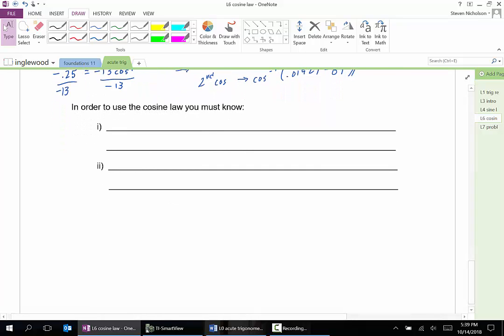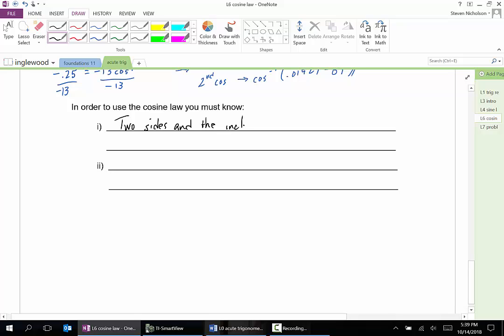So again, I guess the big question here is, how do I know when to use the cosine law? Well, I could say to you when you don't have a pair of matching sides, but that would be when not to use the sine law. Here's when you use the cosine law: when you have two sides and the included angle.